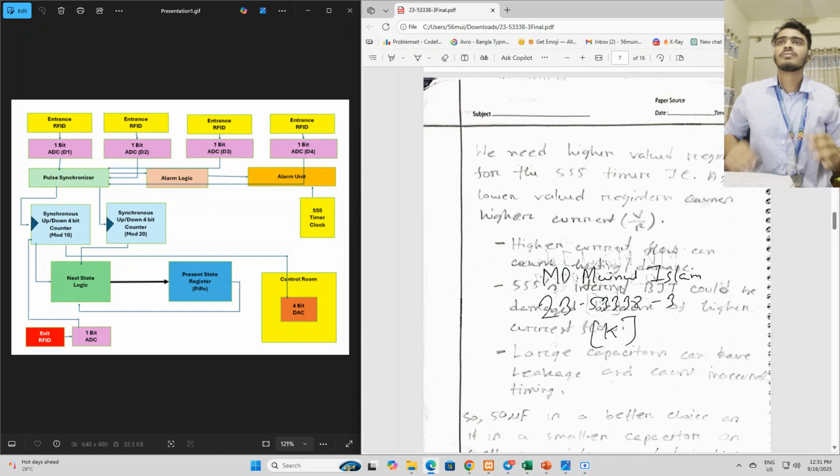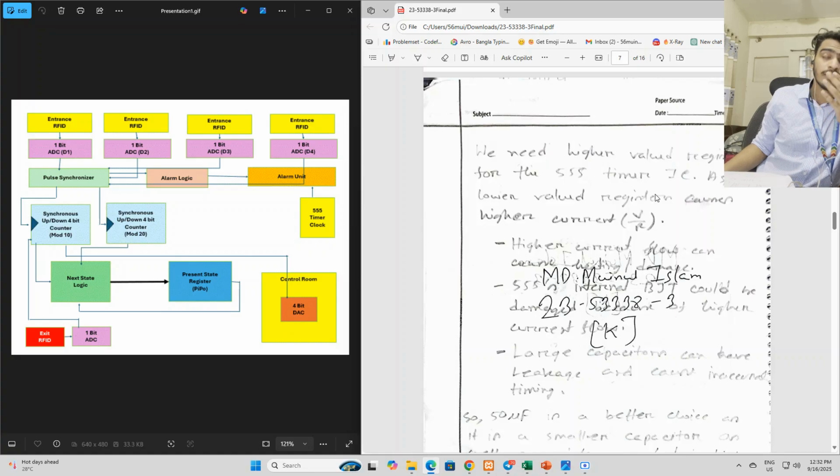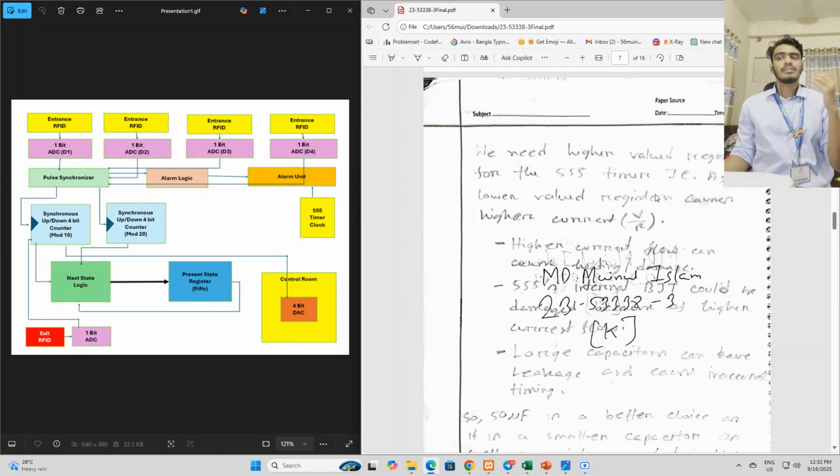If we pass higher currents, there might be heating issues, and that could damage our IC and also our circuits, because higher current consumes high power. If we consume more power, then our circuit will get heated more, and it can be damaged.